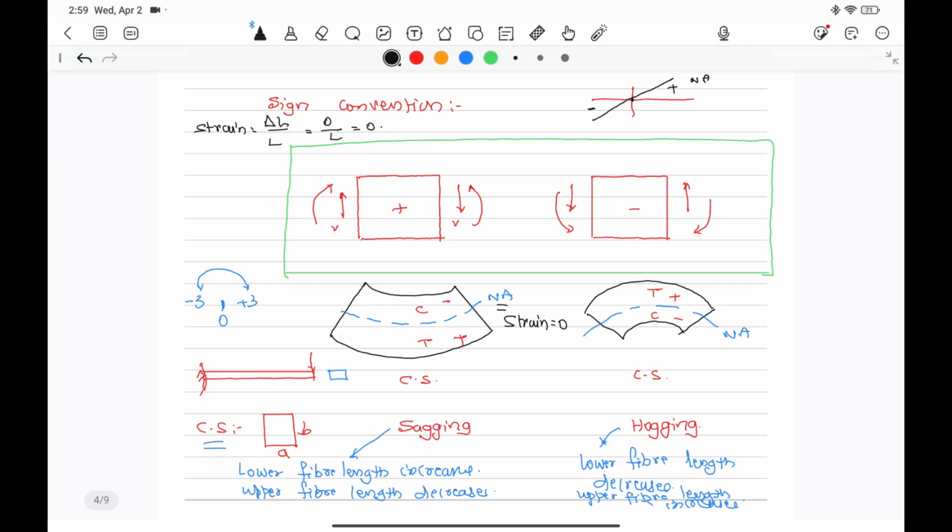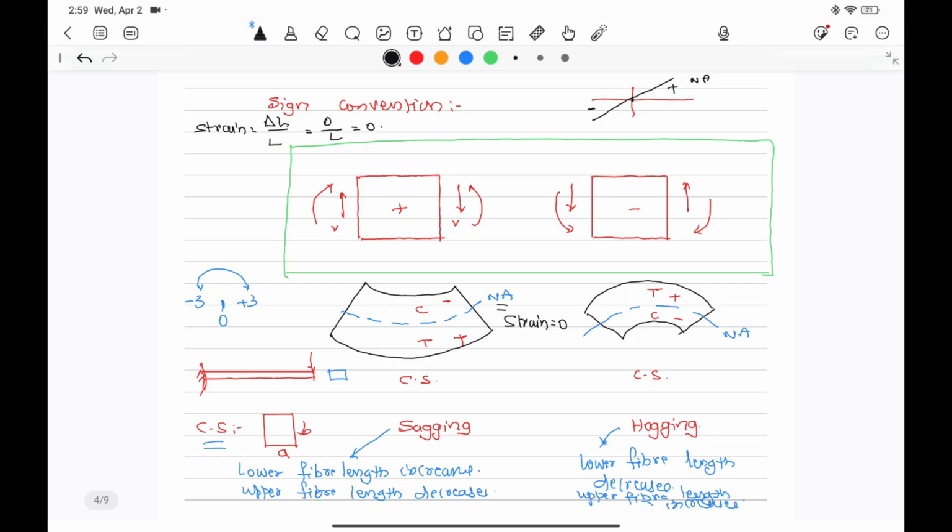The length of the neutral axis doesn't change throughout the length of the beam. The length of the neutral axis doesn't change, and the position of the neutral axis doesn't change throughout the length of the beam.